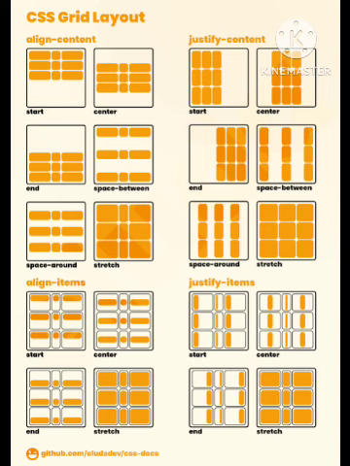Now here is how I will use grid template areas. In grid template areas I will write header in the first row. In the second row I will write sidebar main. In the third row I will write footer. So in grid template areas, in double quotation, header.